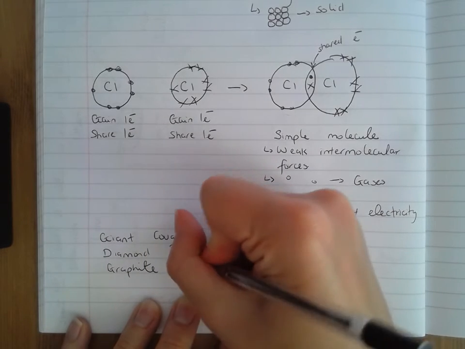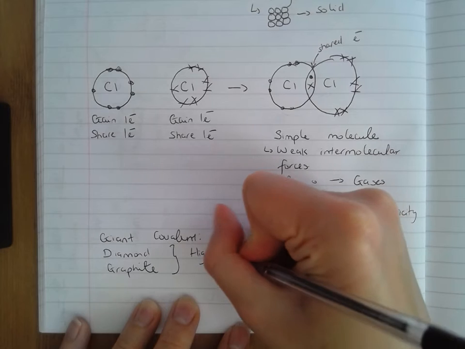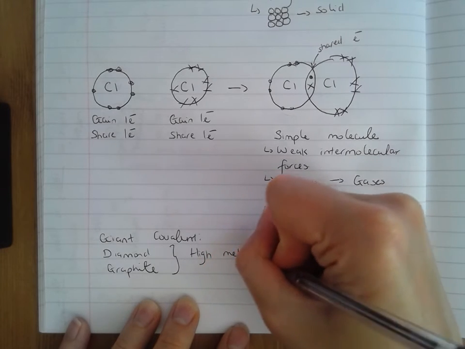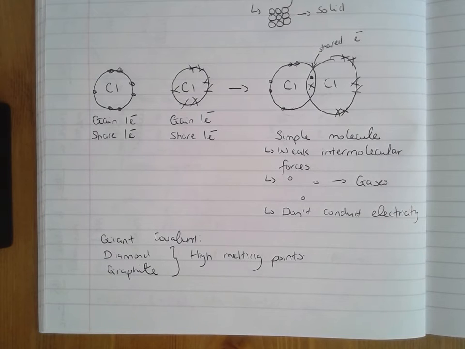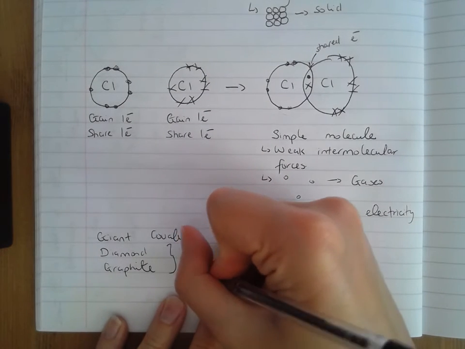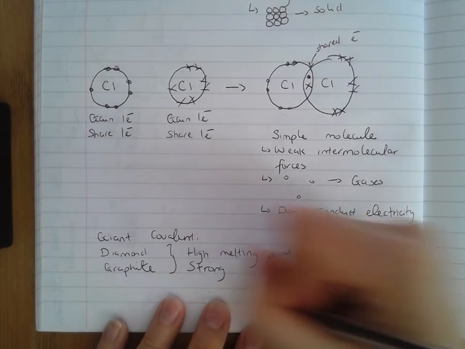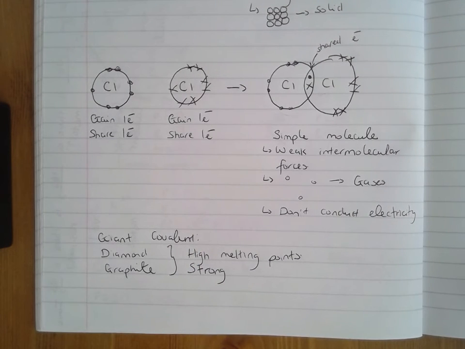Diamond and graphite have high melting points. So lots of energy is required to melt diamond and graphite. They're strong, with high melting points.